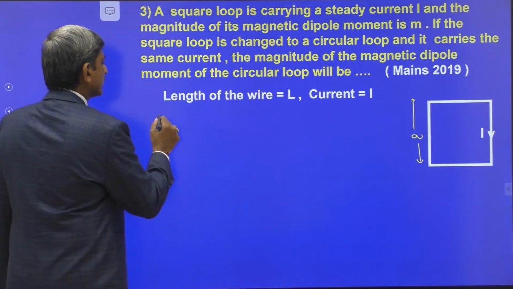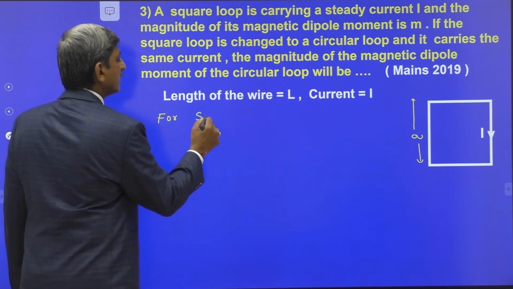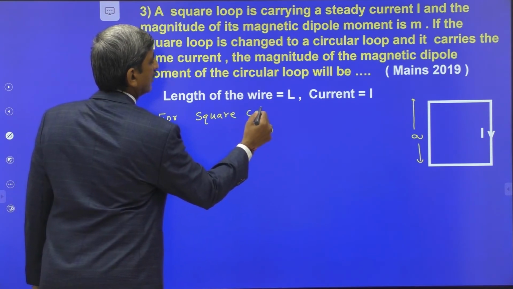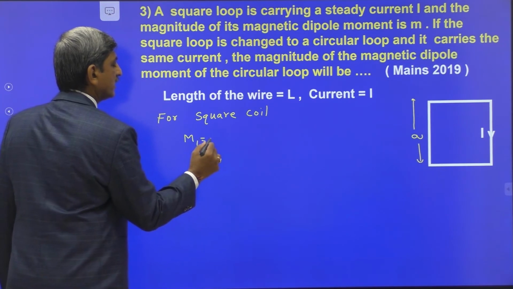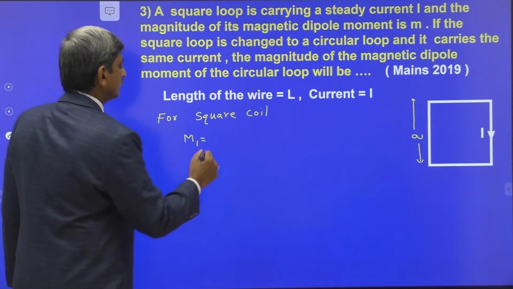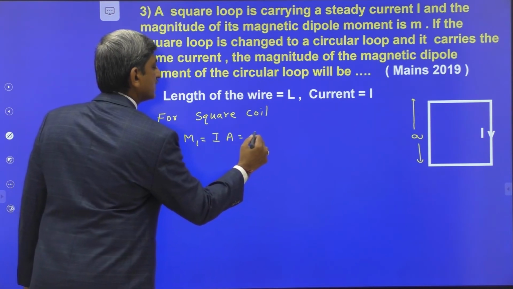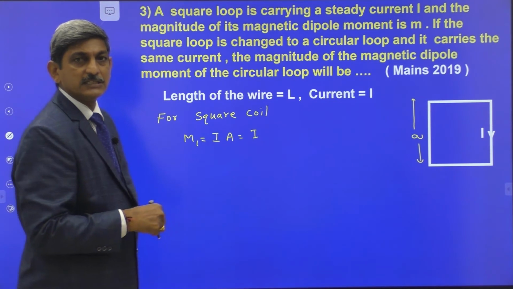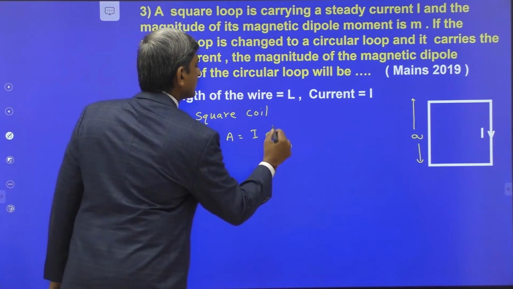Yes. For the square coil, the dipole moment is given by M1 is equal to IA, this is equal to I times the area of the square. The area of the square is equal to side square, that is equal to a square.